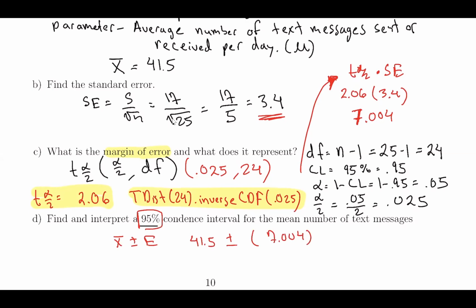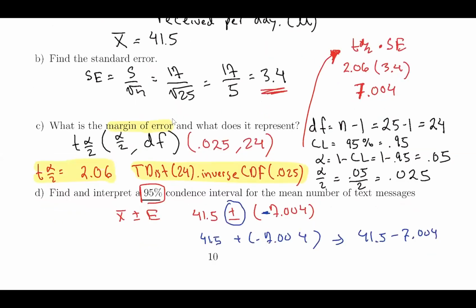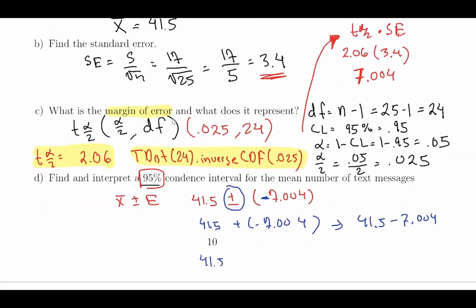7.004. The reason why we don't put a negative over here is because if you look right here where it says positive and negative, if I do 41.5 plus a negative 7.004, that would be 41.5 minus 7.004. But if you do 41.5 minus a negative 7.004, you actually get 41.5 plus 7.004.